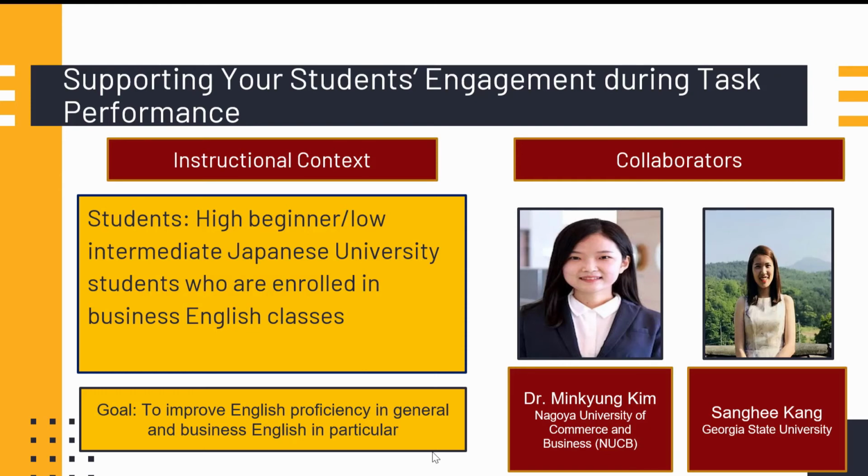As you can assume, the goal of this class is to improve English proficiency in general and business English in particular. Since business English requires using language in a socially appropriate manner, pragmatics was a big part of this class.